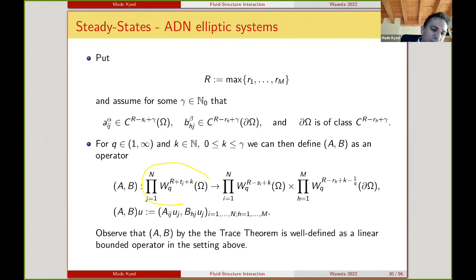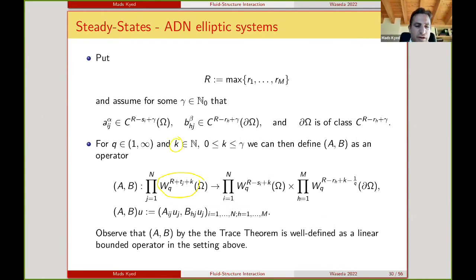So the differential operator A takes a vector with components in W^{R+T_j+K,q}, a Sobolev space with exponent R plus T_j plus K. Okay, K is fixed, by the way.